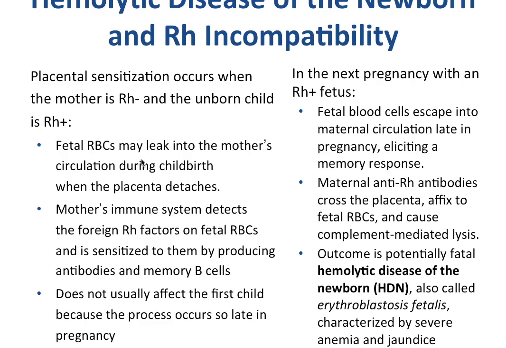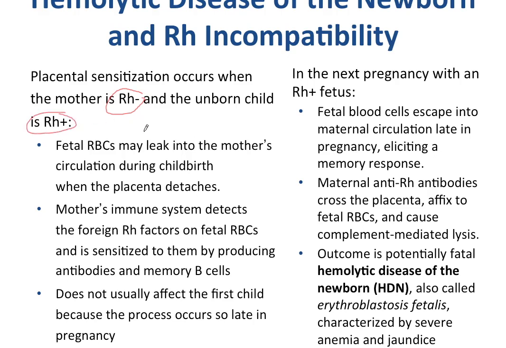So Rh blood type doesn't cause trouble to the adult. It does cause trouble in the fetus, in the second pregnancy, in an Rh negative mother with an Rh positive fetus.